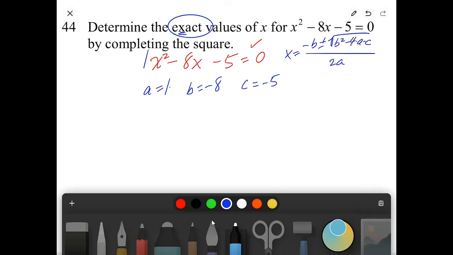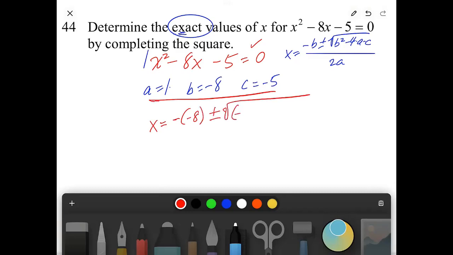Now, I'm going to write it here. We're going to have x equals, and everywhere that you see a letter, you're going to replace it with a number. So this is going to be a negative 8 plus or minus the square root of a negative 8 squared, because that's the b, minus 4, and the a is 1, the c is a negative 5, and then down here, it's just going to be 2 times 1.